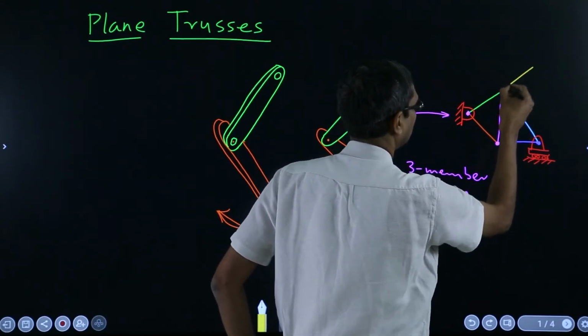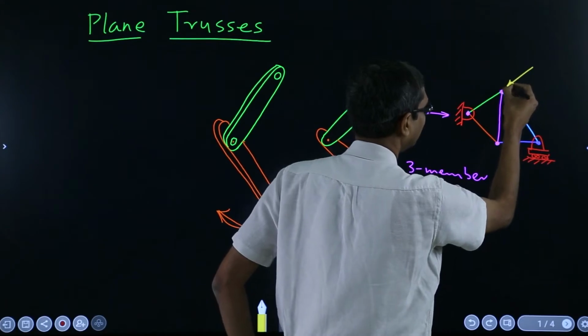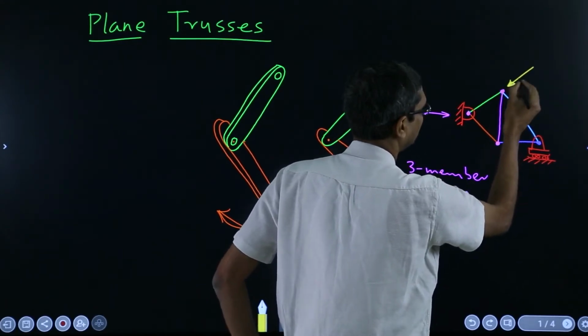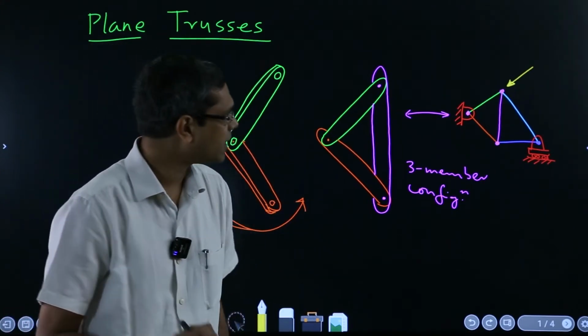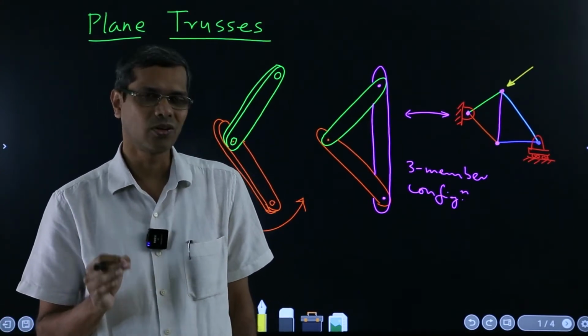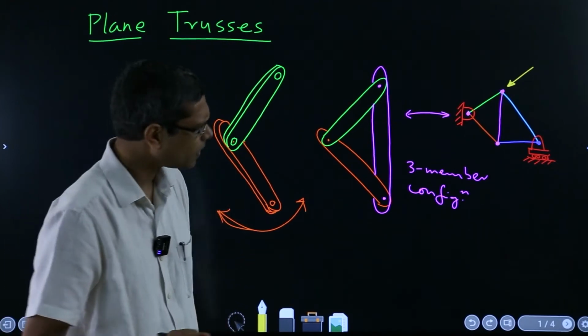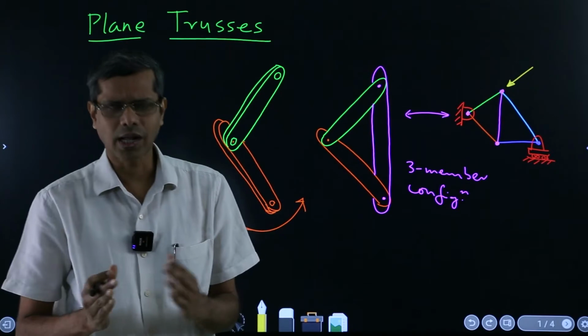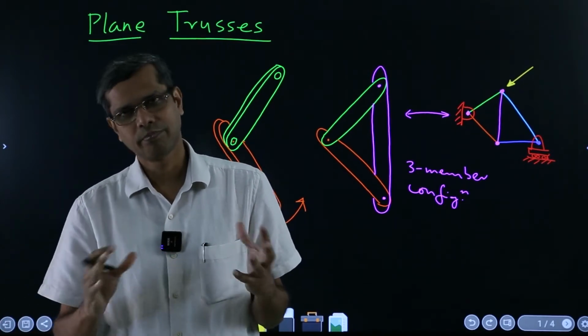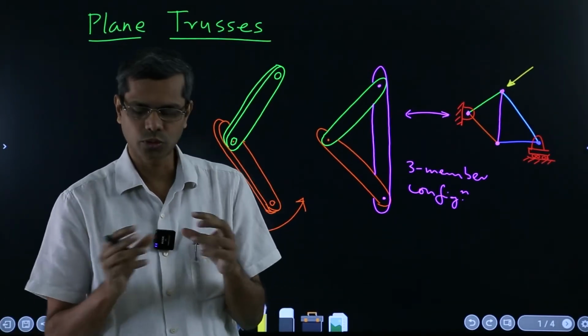For example, say, and forces anywhere, when I say, I mean that we are assuming actually that all the forces are actually acting on the joints and not on the bars. Even if the forces are acting on the bar, we will transfer them by some means to the joints.